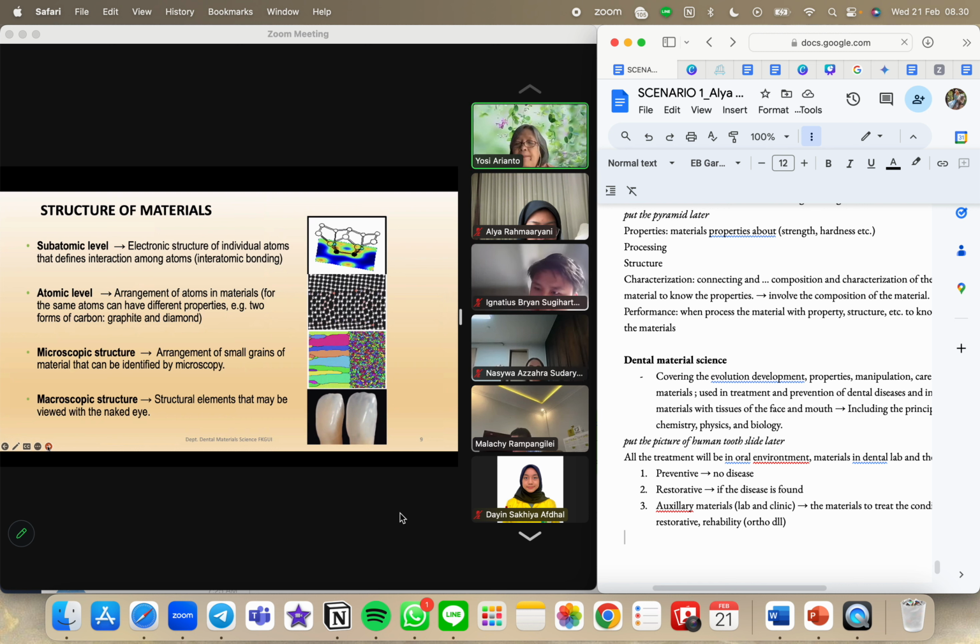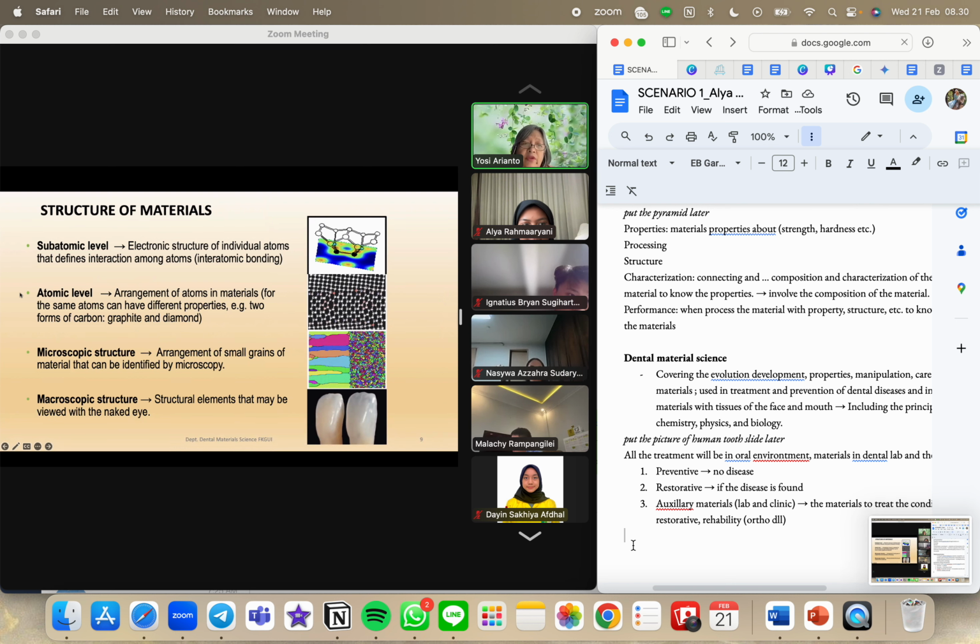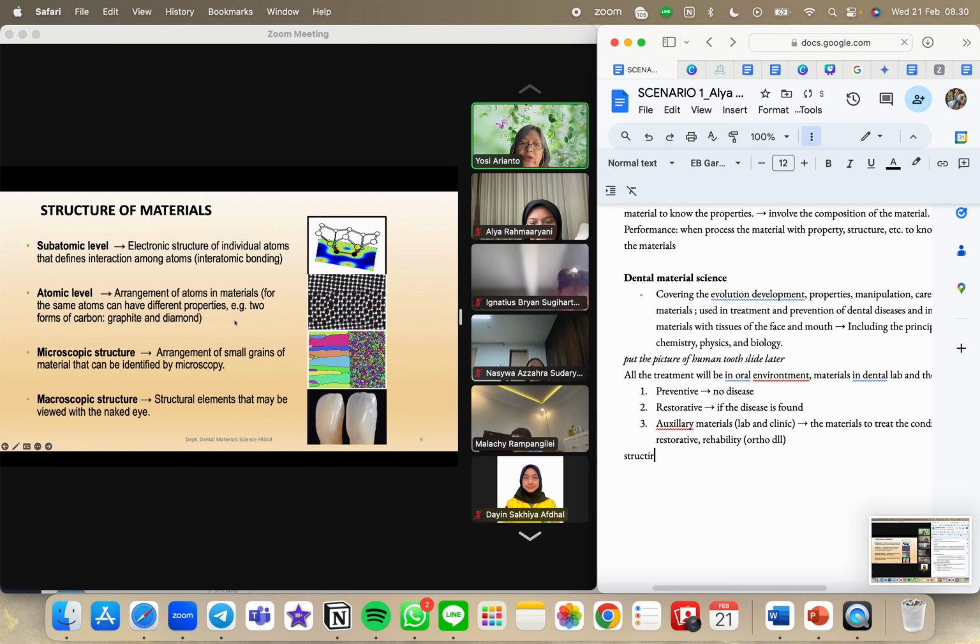This is the structure of a material. I just put some pictures so that you can see. There is the subatomic level, like this, and then the atomic level, the arrangement of atoms in materials, bigger.